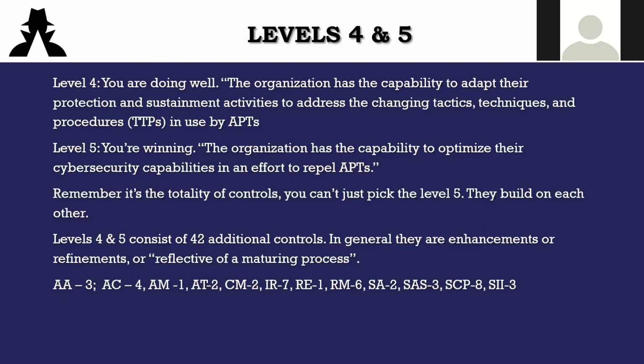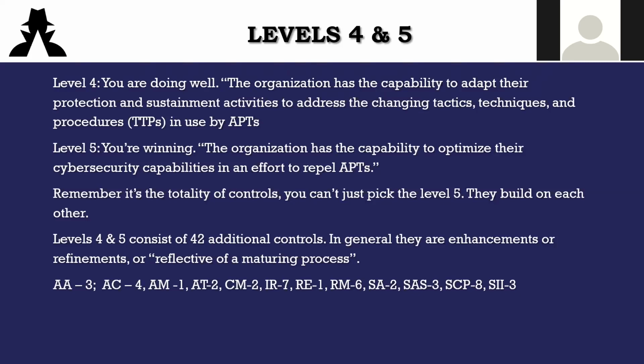At level 5, you've put some serious resources behind your security program. You have the capability to repel APTs, and that's a pretty big deal. It is the totality of controls that does this. You can't just put in level 5 and be good. It's a ramp up from level 1 all the way up to level 5.